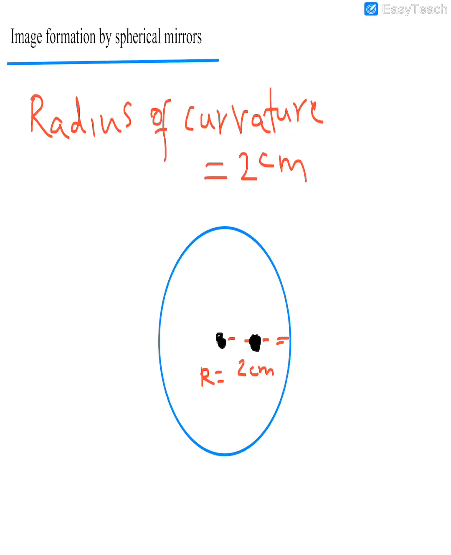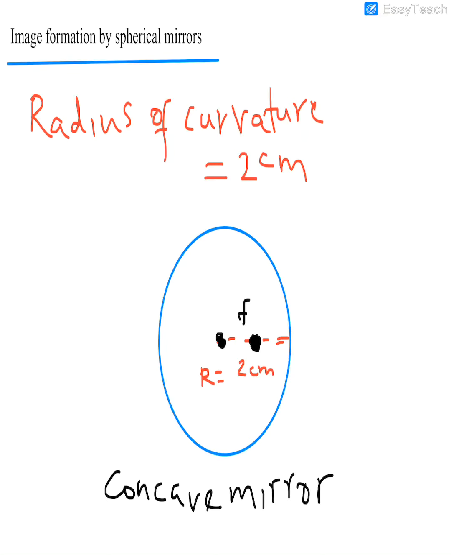Okay, so this is r, this is f. Now let us imagine that you are using a concave mirror.